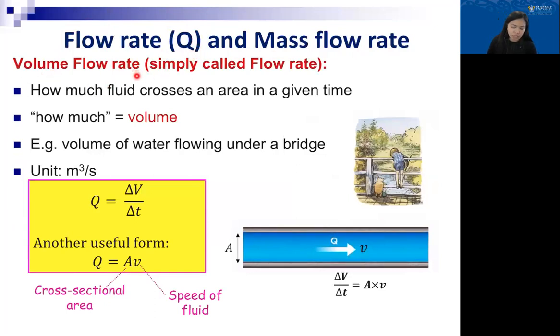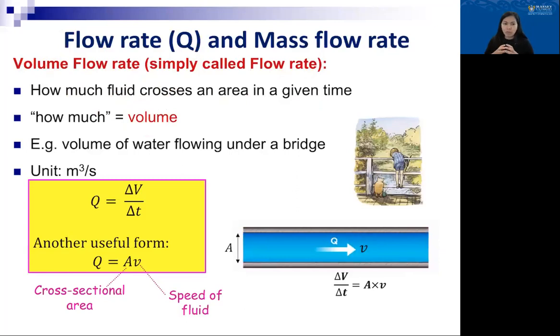But you won't hear us saying the word volume anymore. So when we say flow rate, it's implied that we're referring to volume flow rate, and that means it's the volume of fluid that crosses an area in a given time.